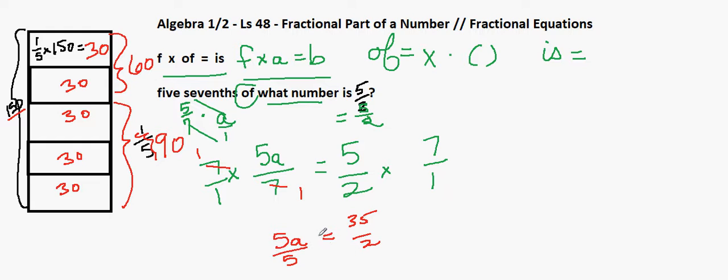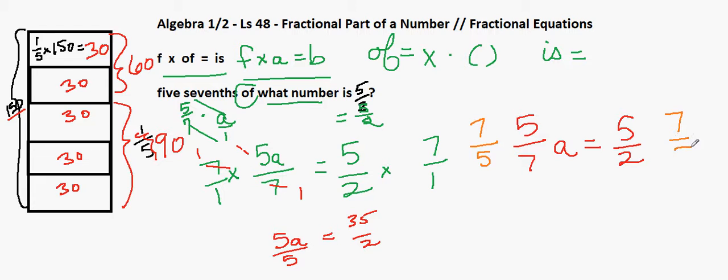Just looking at the way the book does this, instead of doing it this way, they actually go 5/7 a equals 5 over 2. And they don't put 5a over 7 and start multiplying by 7 over 1. Let's just multiply by the reciprocal, 7 over 5, and get this all done at once.